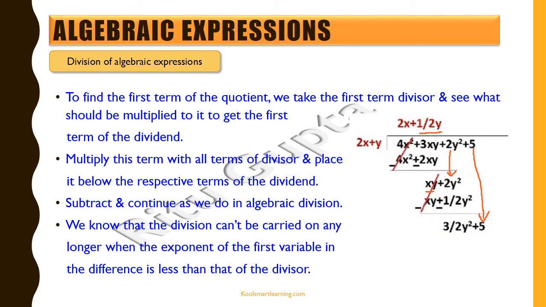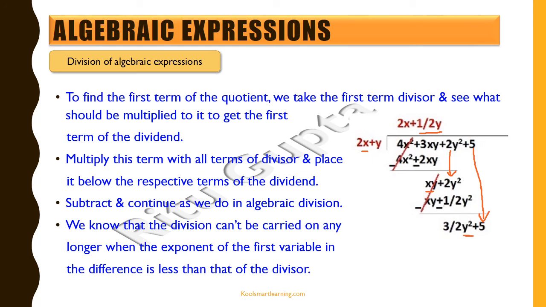we know that now the division cannot be carried out any longer when the exponent of the first variable in the difference, which is this, is less than that of the divisor. Now why do we say the exponent is less? Because we're not talking about the exponent of variable y, we're talking about the exponent for variable x, because the first term in the divisor contains the variable x.